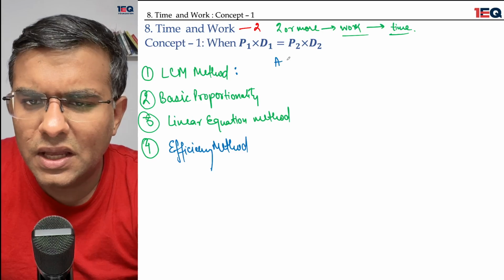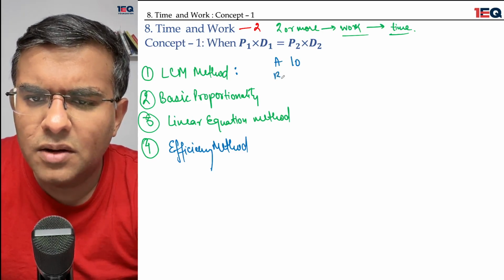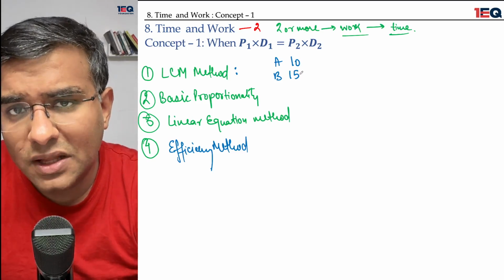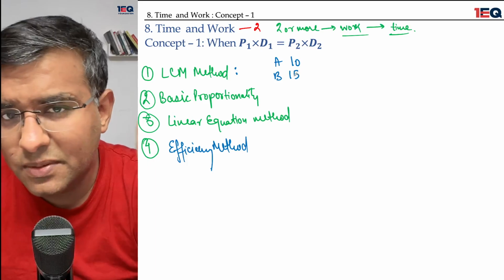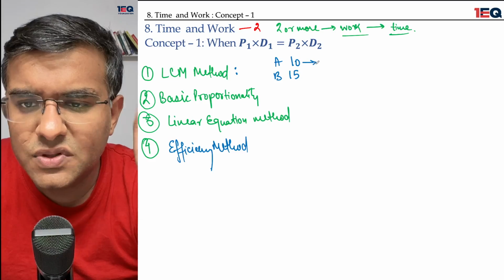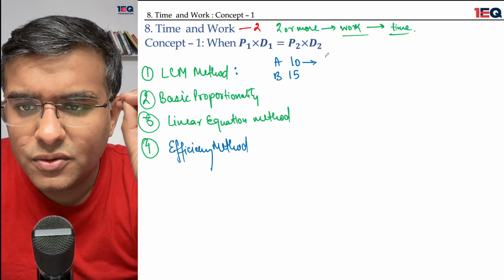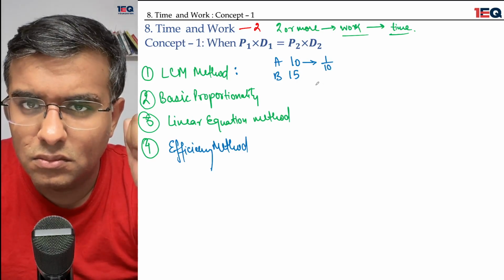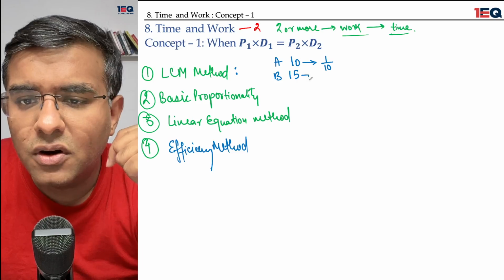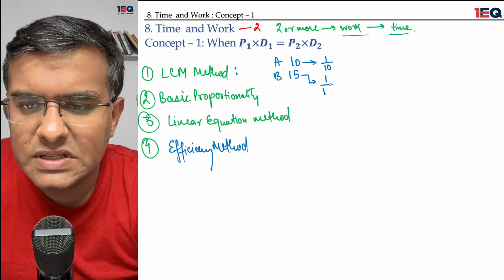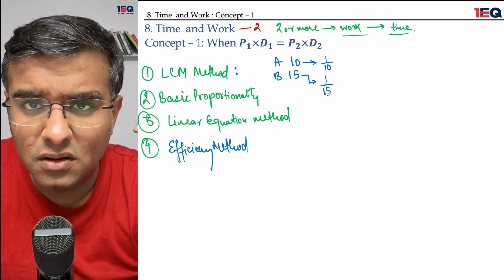Let's assume A can finish a task in 10 days and B can finish a task in 15 days. When they together get onto the task, how much time is it going to take them to finish the task? The contribution of A for every 1 day is 1/10, and for B, for every 1 day, the contribution is 1/15.